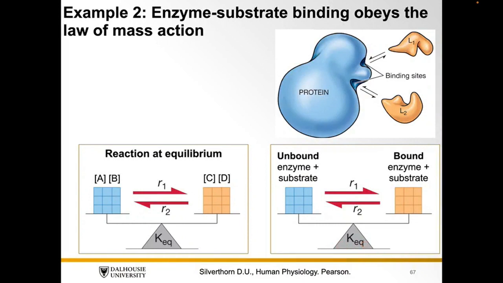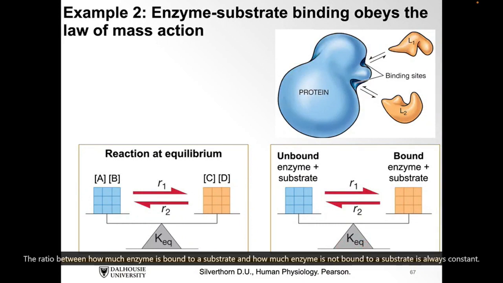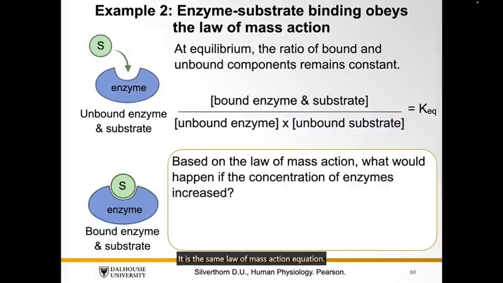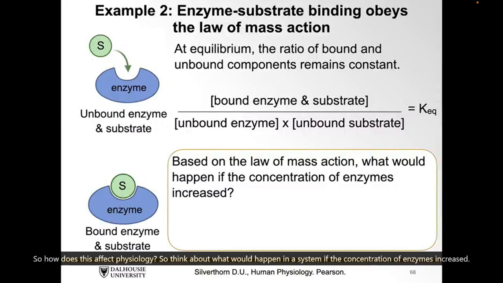In other words, the ratio between how much enzyme is bound to a substrate and how much enzyme is not bound to a substrate is always constant. And that's what we see here. It is the same law of mass action equation, but instead of having products and reactants, we have enzyme and substrate. Bound enzyme and substrate, unbound enzyme and substrate. So how does this affect physiology?